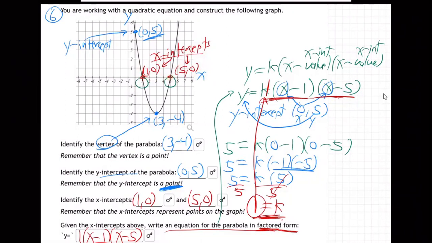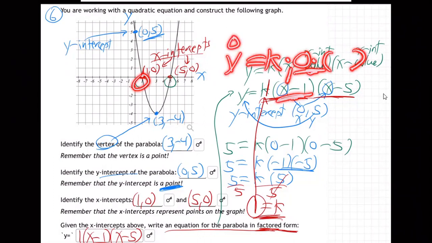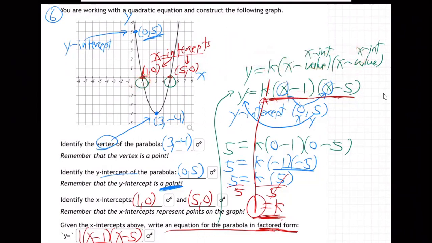So that makes sense then that at these points, if you plug in a 1, what's going to happen here? 1 minus 1 is going to be 0. And 0 times k times whatever the other parentheses is, if you have a 0 and you multiply any number of things with it, it's still going to be 0. So y is going to be 0. Whenever you find the x-intercept points, that's where the height is 0, where the y is 0.